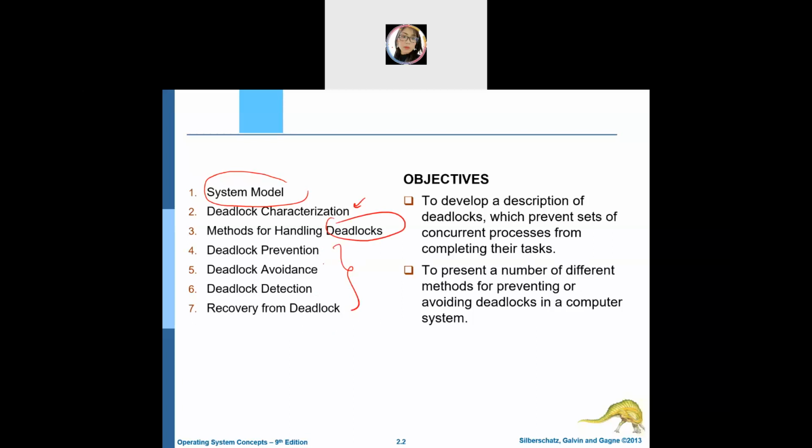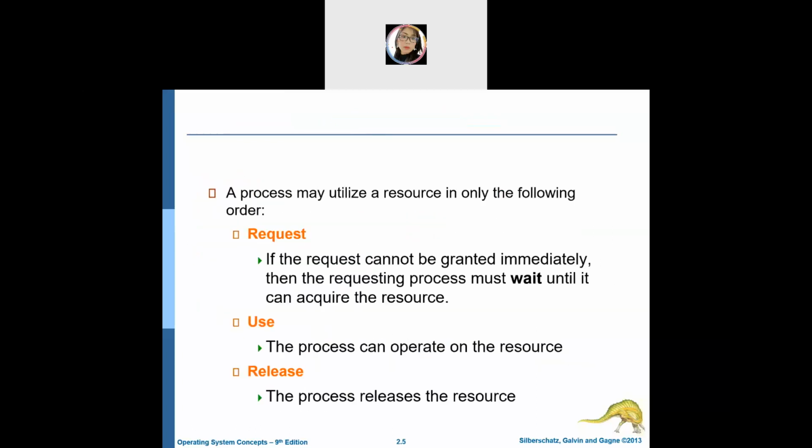But last time we only touched a bit on the intro of deadlock prevention and did not go deeper yet. We just saw the problems that occur.